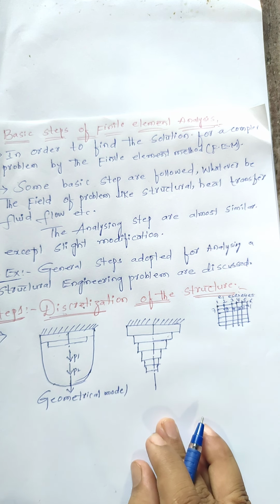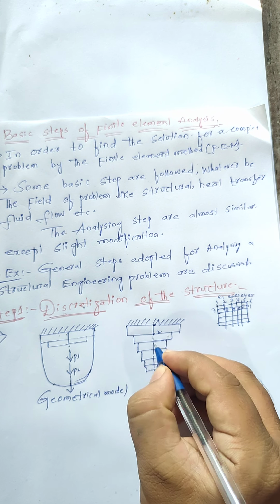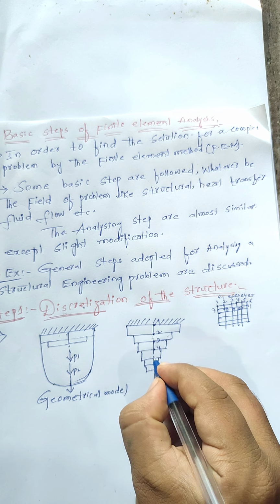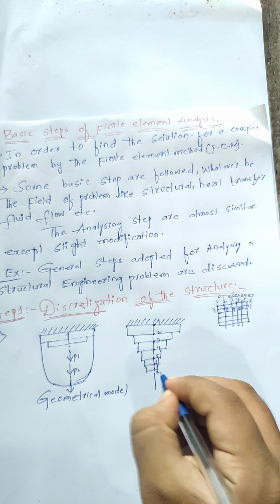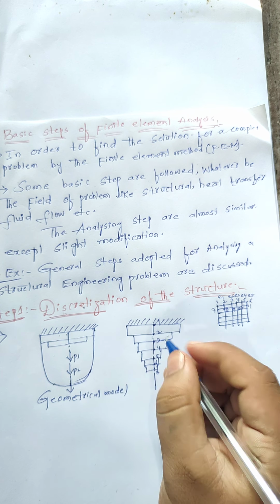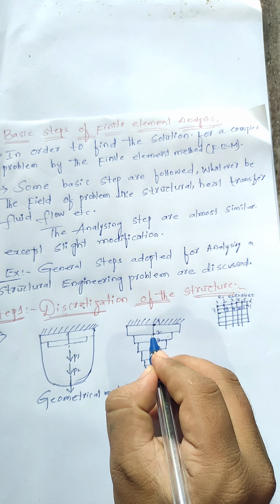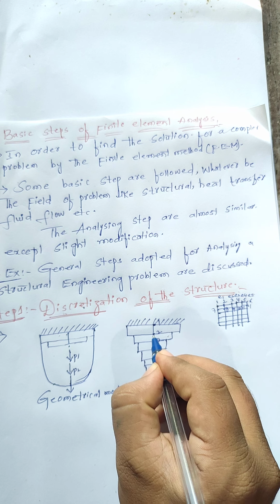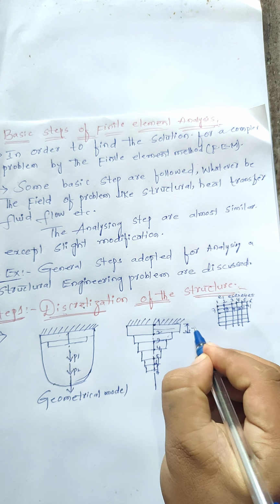Let us see. So here this is the first node, and this is the second node, and this is the third node, and this one is the fourth node, this one is the fifth node, and this is the sixth node, and this one, what we can say, the seventh node. So the first node is connected to the second node. The forming of element, what we can say, element E1.